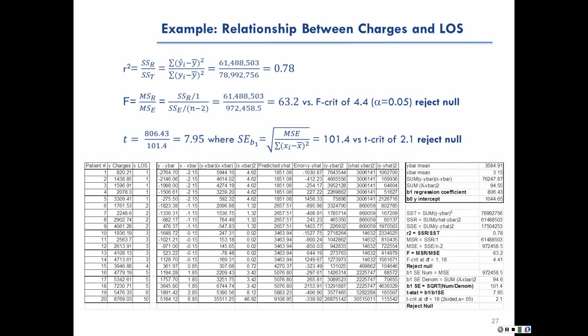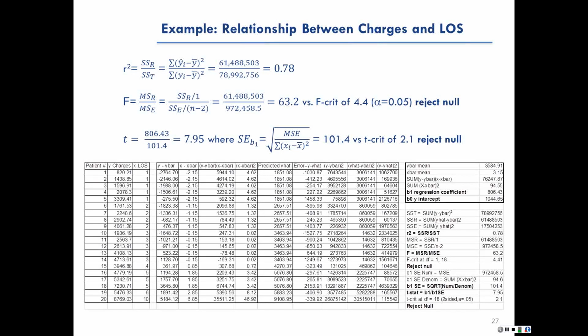Then in the denominator, you're plugging in the sum of squares of x, where you're subtracting the mean value of x from each value, squaring it, and taking the sum. Remember, you already had to calculate that up in that little table to get your beta 1 regression coefficient. You plug those values in, and what you end up getting for the standard error of beta 1 is 101.4.